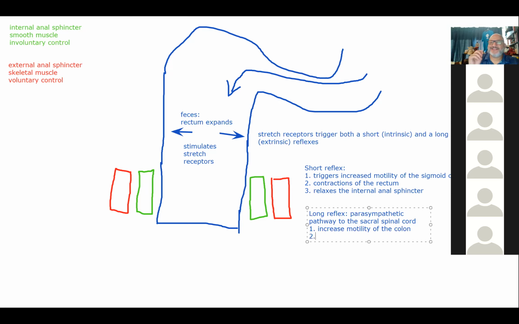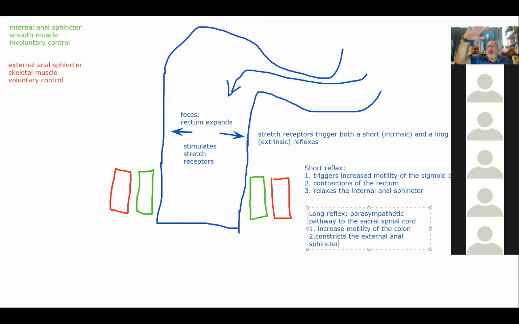But the second thing that this long reflex does is it constricts the external anal sphincter. So that while more feces is coming to the rectum and we feel the need to void, that constriction of the external anal sphincter stops the feces from coming out.